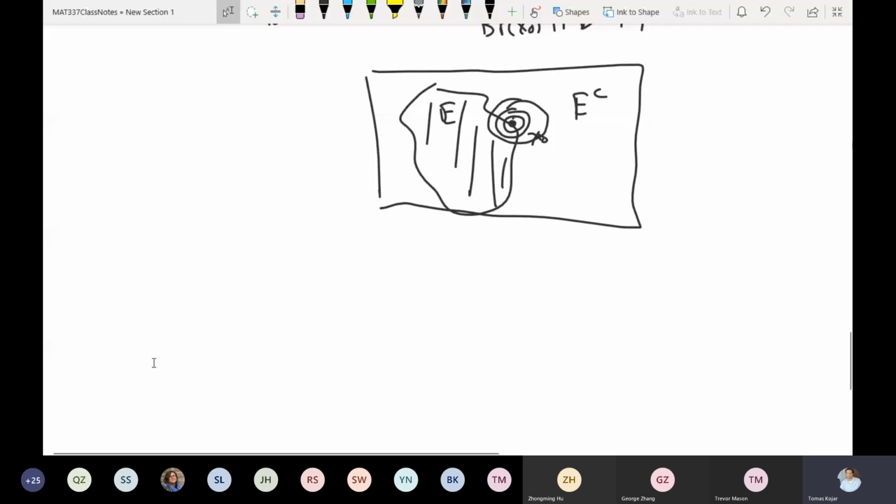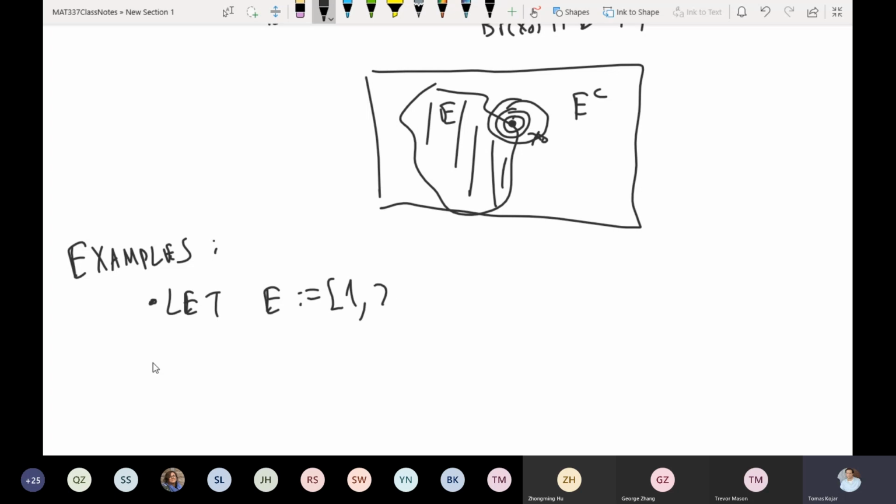Good, so let's do some concrete examples. So yeah, let E be the half open interval [1, 2).